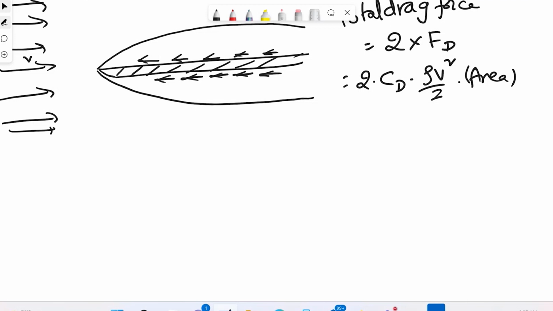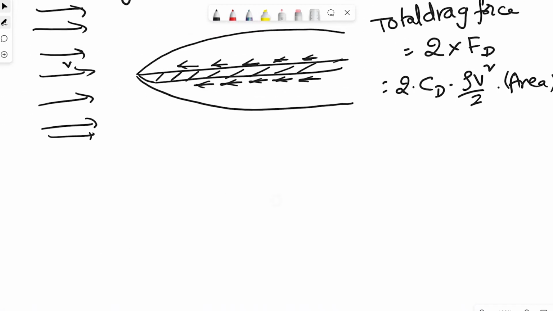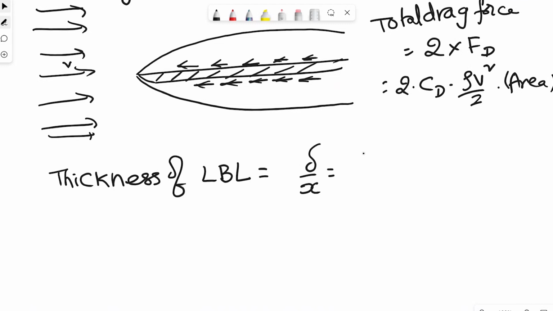In the case of a laminar boundary layer, the first thing is the thickness of the laminar boundary layer. The thickness of the laminar boundary layer is delta by x equal to 4.91 divided by root Rex.